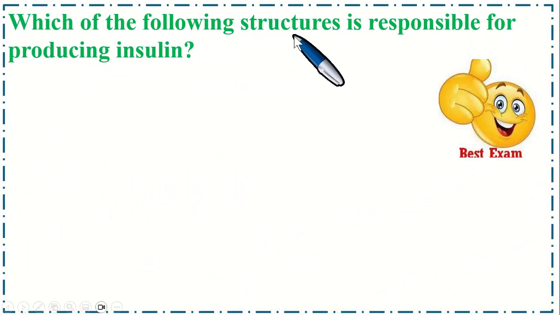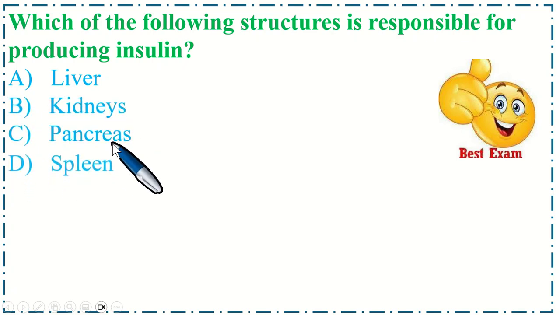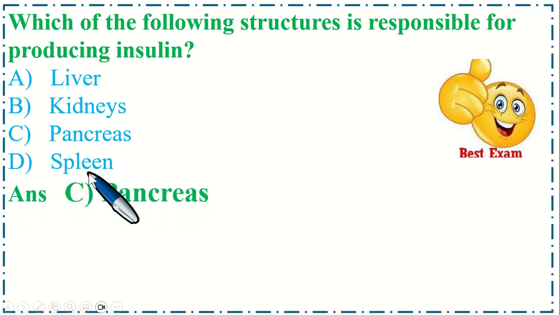Which of the following structures is responsible for producing insulin? Option A liver, B kidneys, C pancreas, and option D spleen. So the correct option is C pancreas.